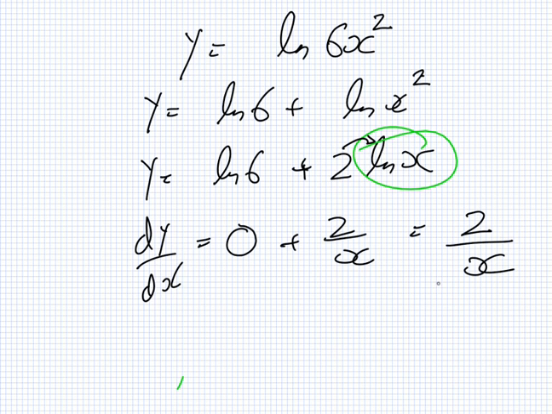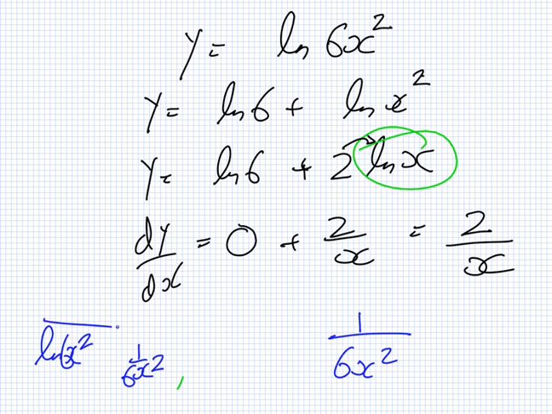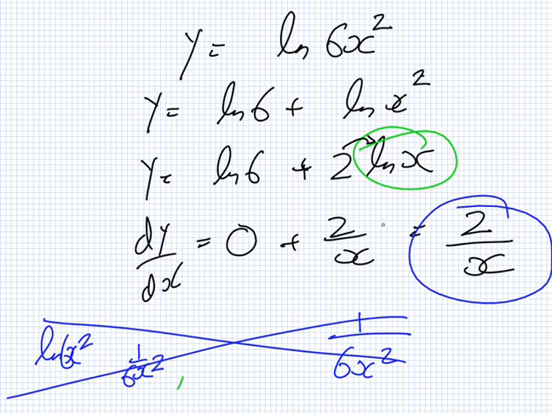The most common mistake in the exam, which really annoys me, is that students say the answer is 1 over 6x squared. Because they think, alright, log x, its derivative is 1 over x, so then log 6x squared, its derivative is 1 over 6x squared. No. It's not as simple as that. So the answer is actually 2 over x, and this is the reason why.